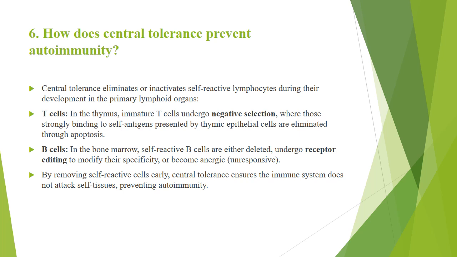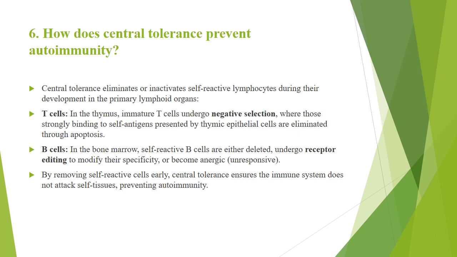Central tolerance is the process of eliminating self-reactive immune cells during their development in the primary lymphoid organs. Primary lymphoid organs are the thymus and bone marrow. The thymus is where T cells mature, and bone marrow is where B cells mature.